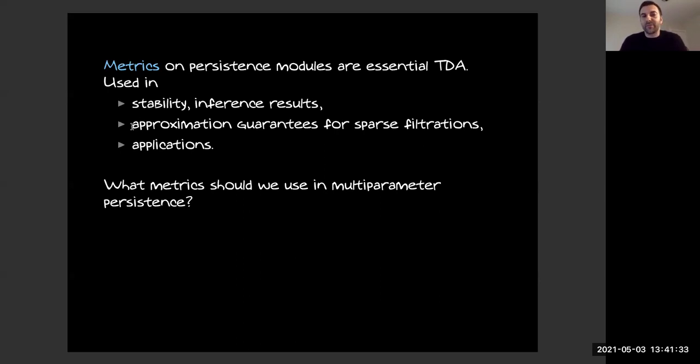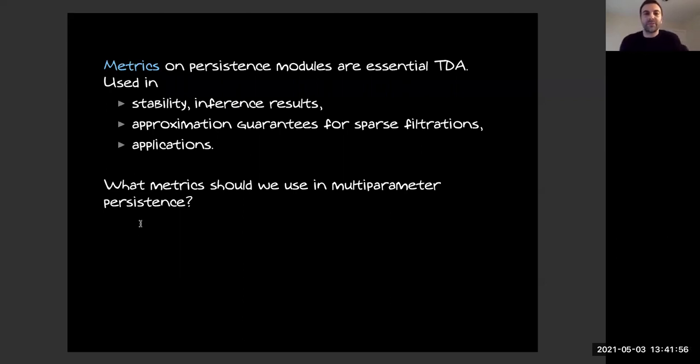And they're used to provide approximation guarantees for computational methods, for example, in the work of Don Sheehy on sparse Rips filtrations. And they get used quite a bit in practical computations. A lot of the applications to real data you see are using a computation of a distance somewhere in their pipeline. And so we want to ask here, what metrics should we use in multi-parameter persistence?